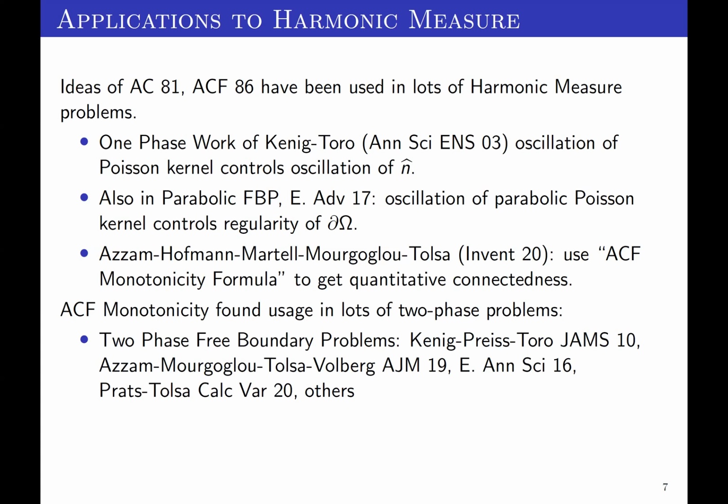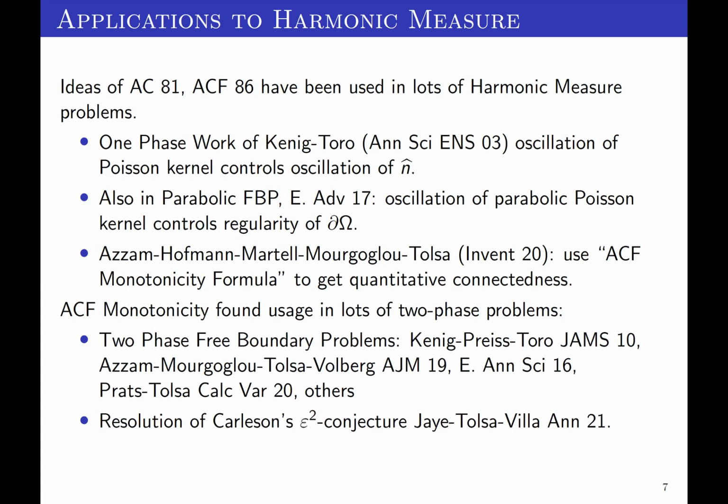Here are some results which I've just sort of listed off, more recent, and then a really beautiful result recently published in the Annals of Math by Ben J, Chavi Tolsa, and Michela Vila, resolved Carleson's epsilon squared conjecture, which was a huge question in harmonic analysis and complex analysis, using this Alt-Caffarelli-Friedman monotonicity formula from free boundary problems.